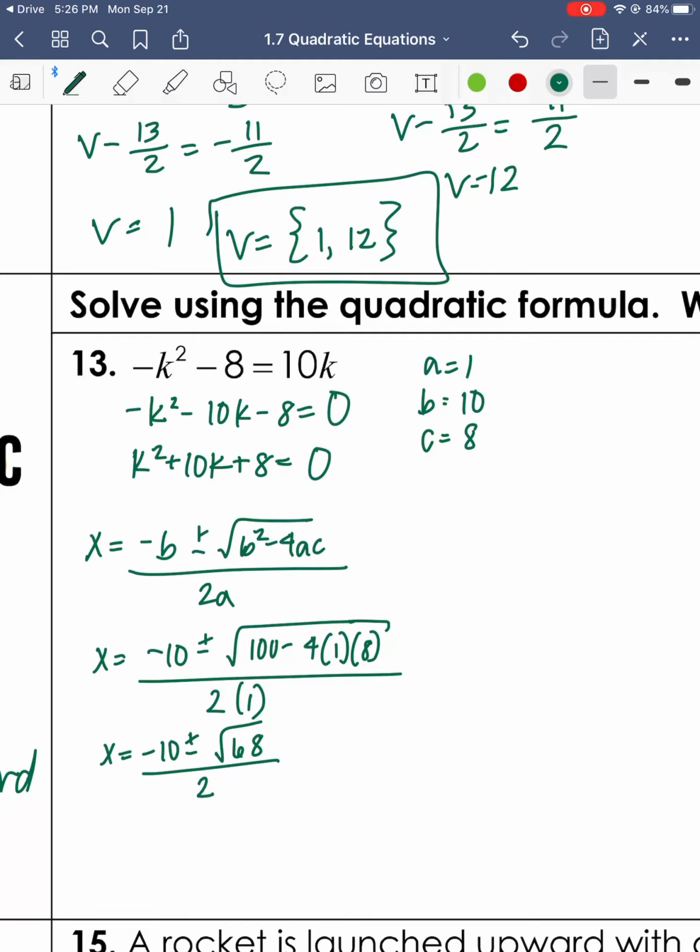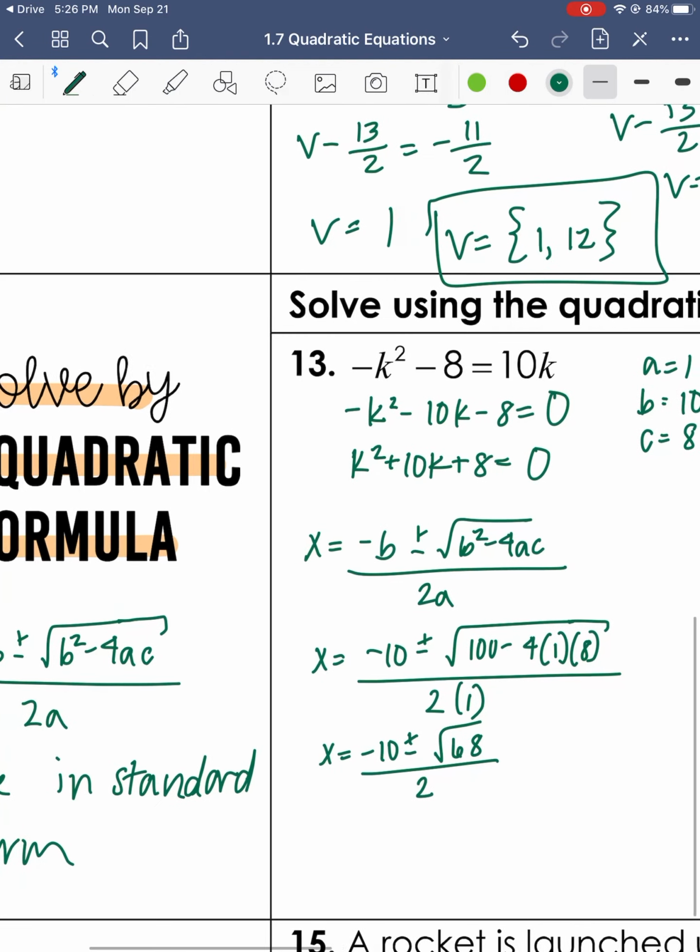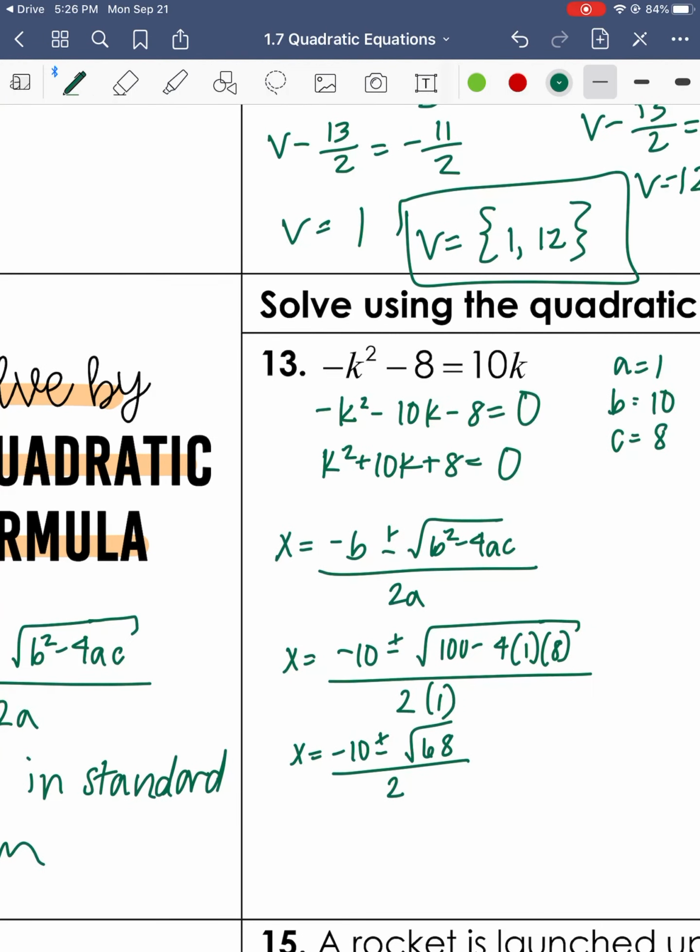Let's simplify the square root of 68 here. Let's look at factors of 68. What's 68 divided by 2? Obviously 34. So 68 divided by 4 is 17.